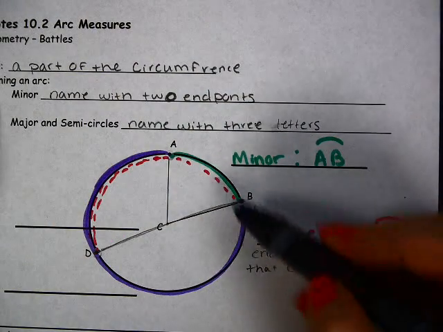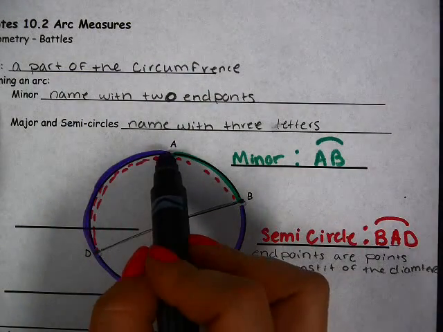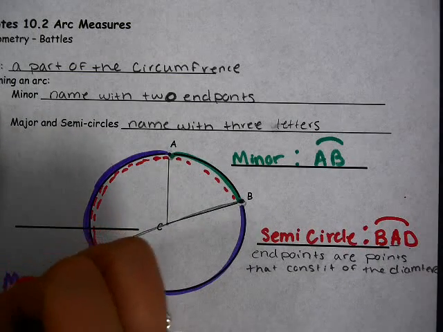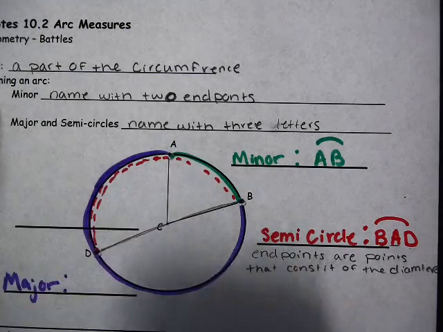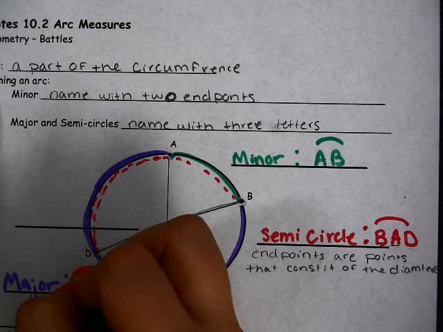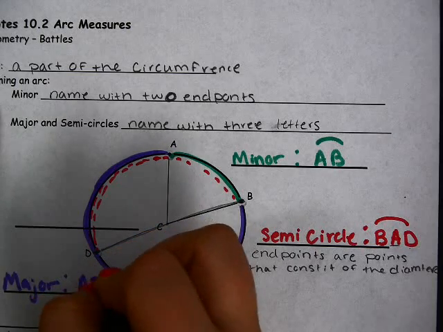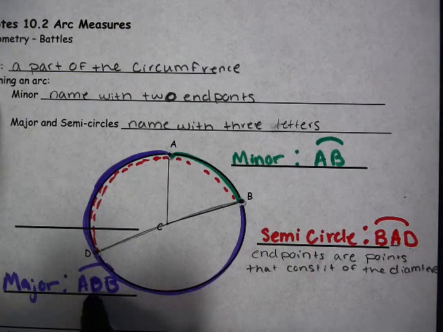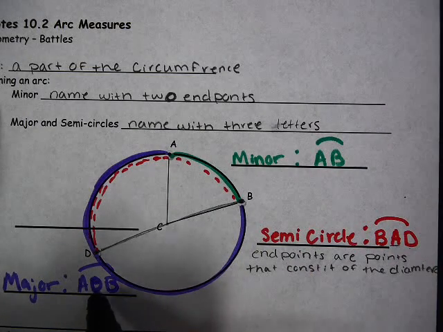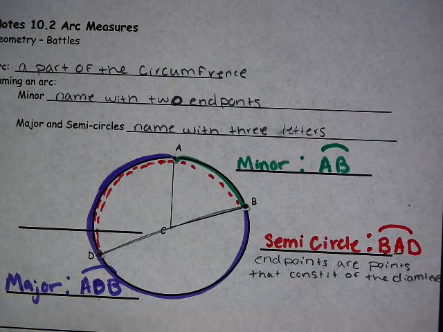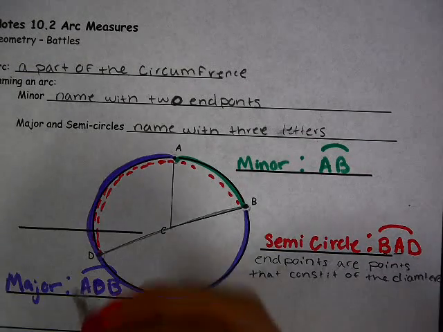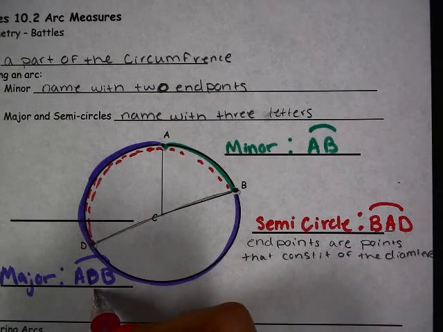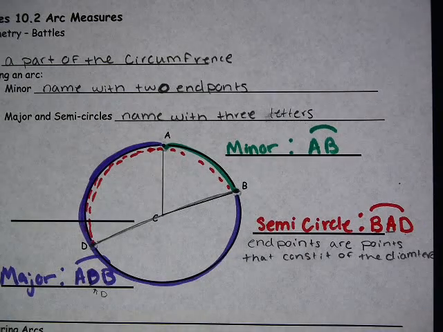So from A, or from B all the way to A, or A all the way to B. And we would denote that as A, D, B. This arc encompasses D, so D is going to be our middle letter here. So it's going to be A, D, B. Let me pencil that in so you can see that. This is a D. Okay.